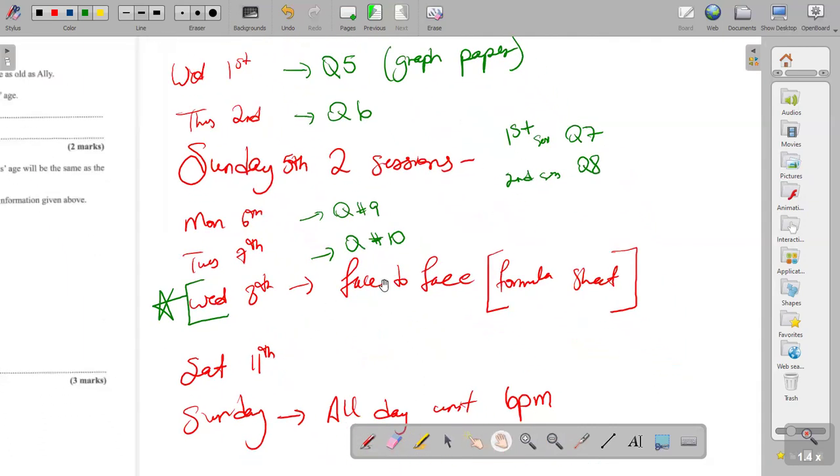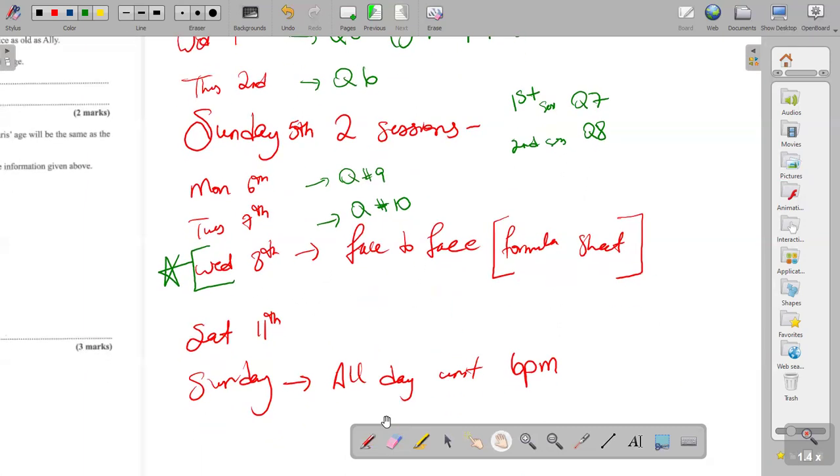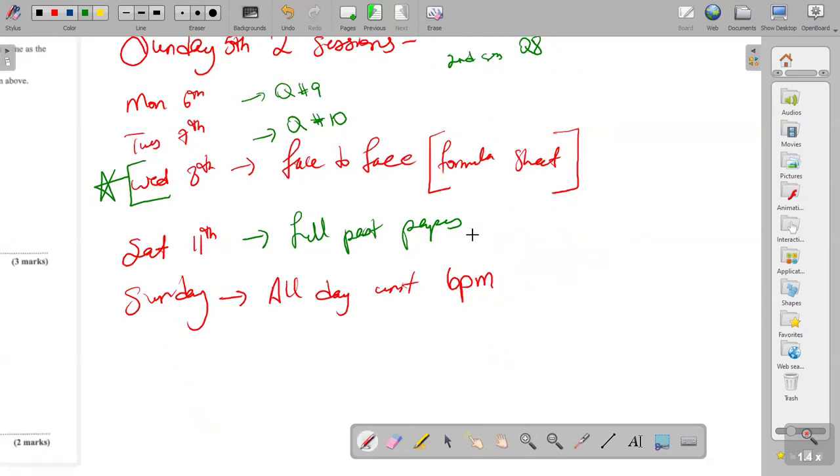Then this face-to-face is formula sheet, because we would have done all the questions. We're gonna go back over all the formulas in class face-to-face to make sure you know them out of your head, you understand them, you know how to use them. That means that this day is full past papers. Sunday too, full past papers from front to back.